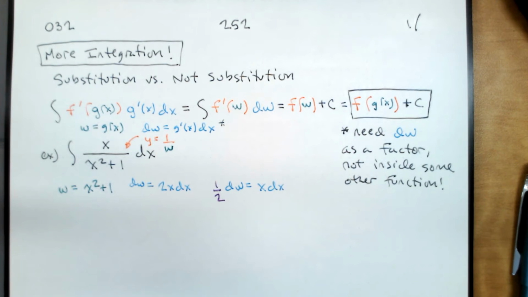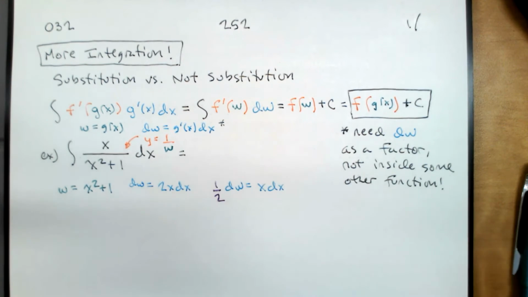So we've identified the three things. We picked something to be the g of x. We picked something to be the dw. We picked something to be w. We have a constant multiple of dw as a factor, and we've identified what w is going to be in the 1 over x function.